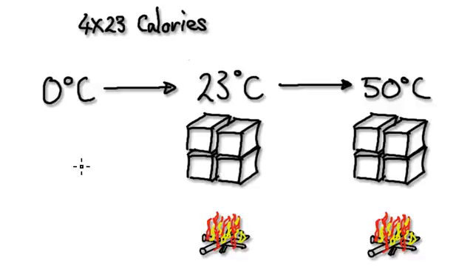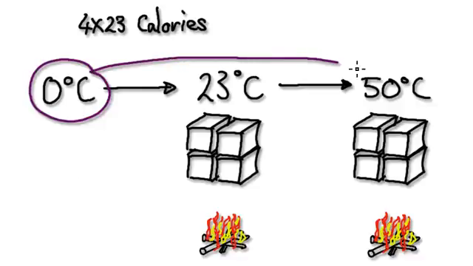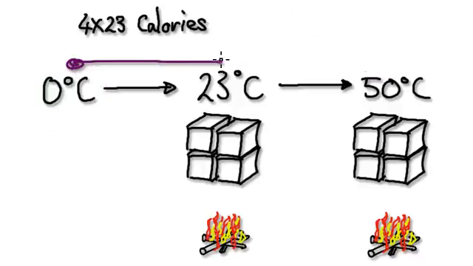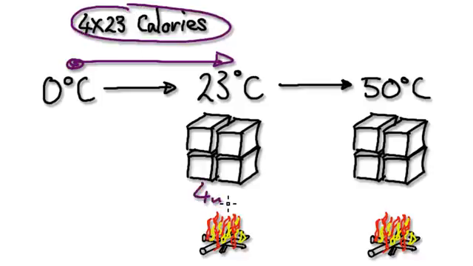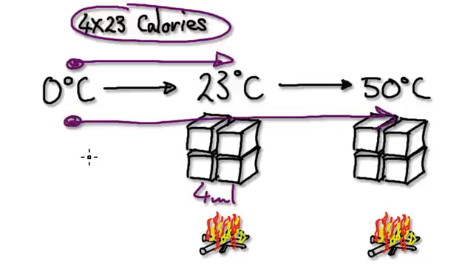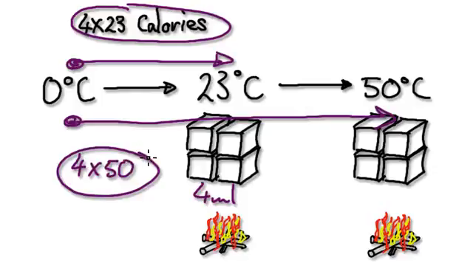So let's imagine from here all the way to here would require 4 times 50 calories. From here to here, it would require this many calories for 4 milliliters, and from here all the way to here would require 4 times 50 calories.